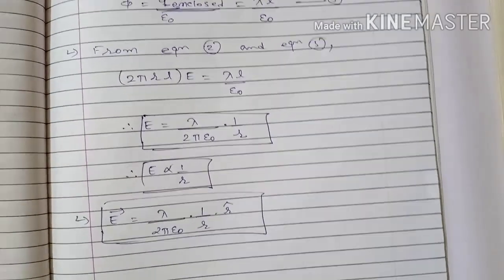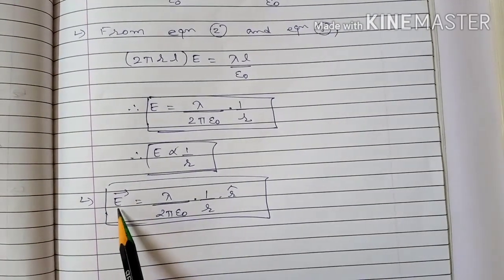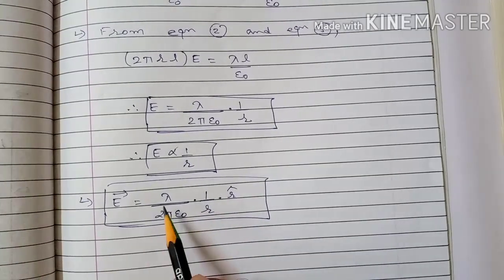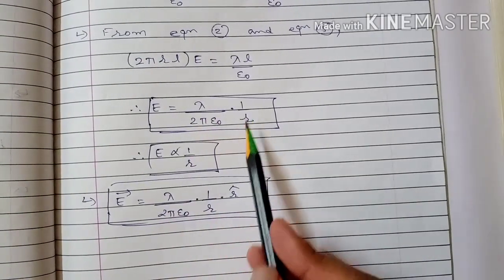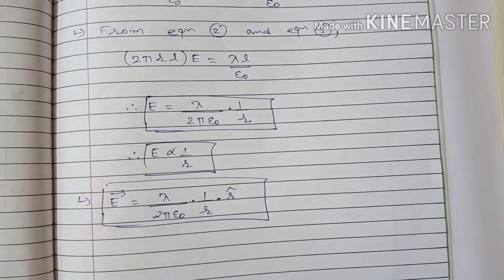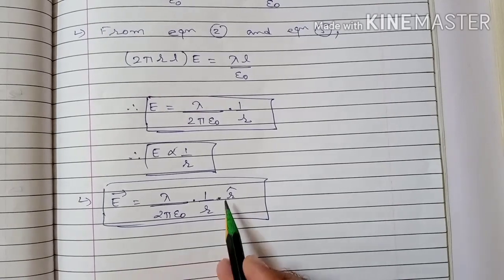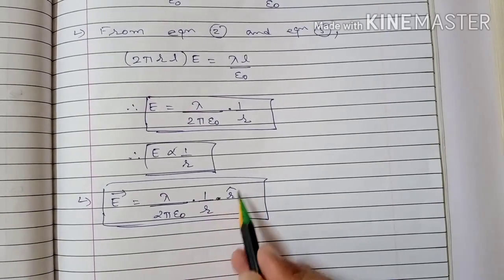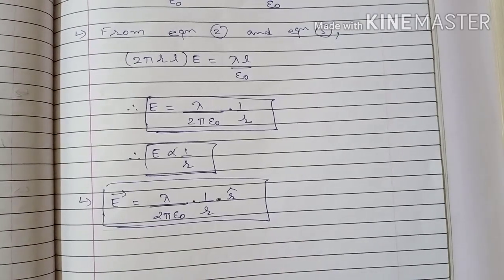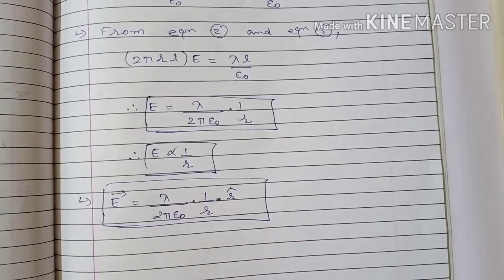If we have to find vector E, then vector E is equal to magnitude into unit vector. The magnitude is lambda upon 2 pi epsilon naught into 1 by R, and the unit vector gives the direction of the electric field, which is in the direction of R cap. So this way we can find the electric field using Gauss's law very easily.